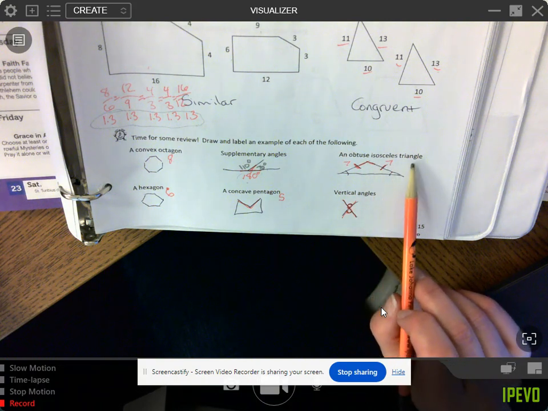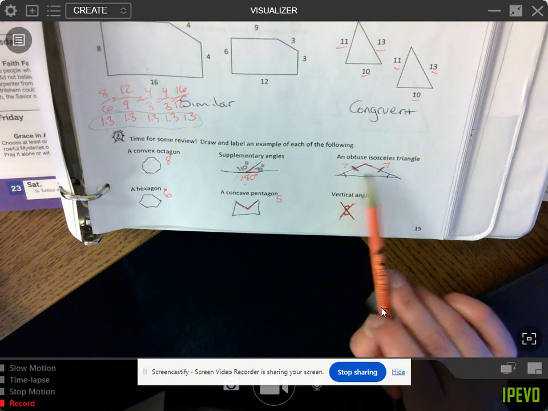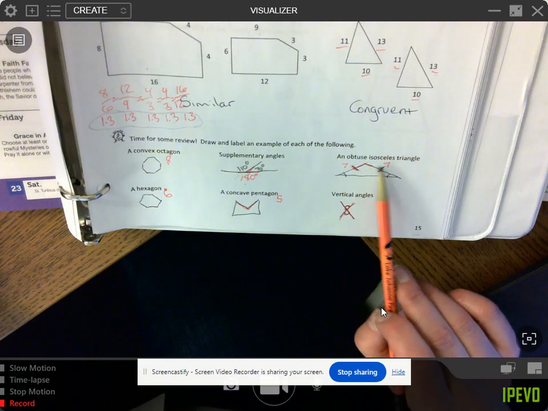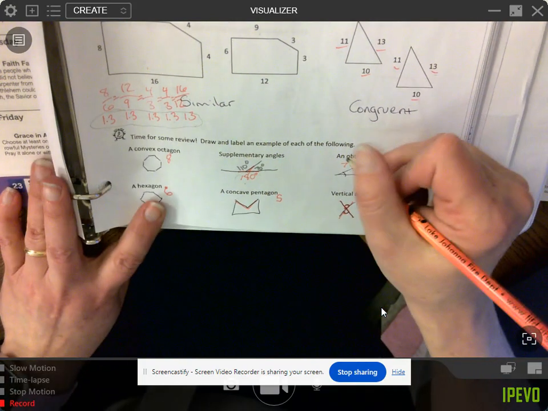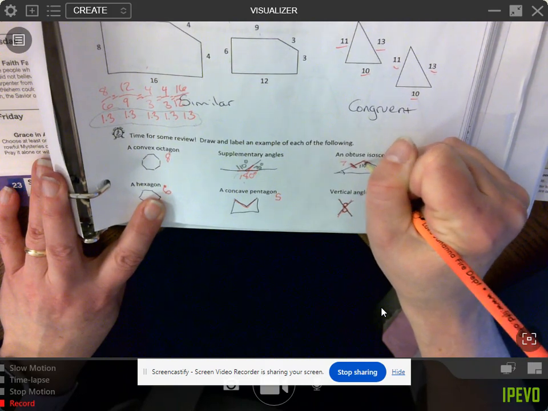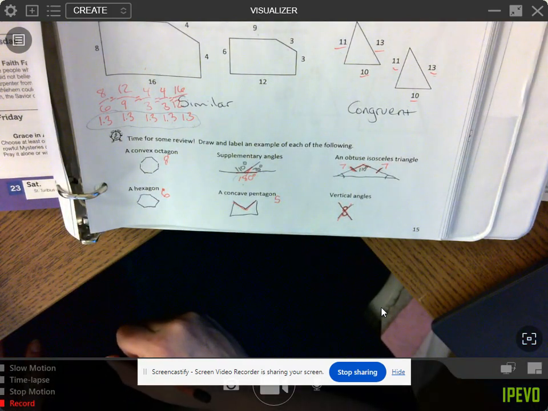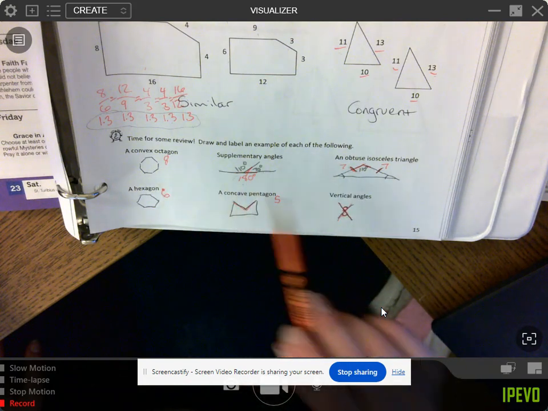Obtuse isosceles triangle. So I'm showing that these 2 sides are congruent, and it's obtuse because this angle up here I would show is bigger than 90 degrees. So it's obtuse. Any questions on those 3?